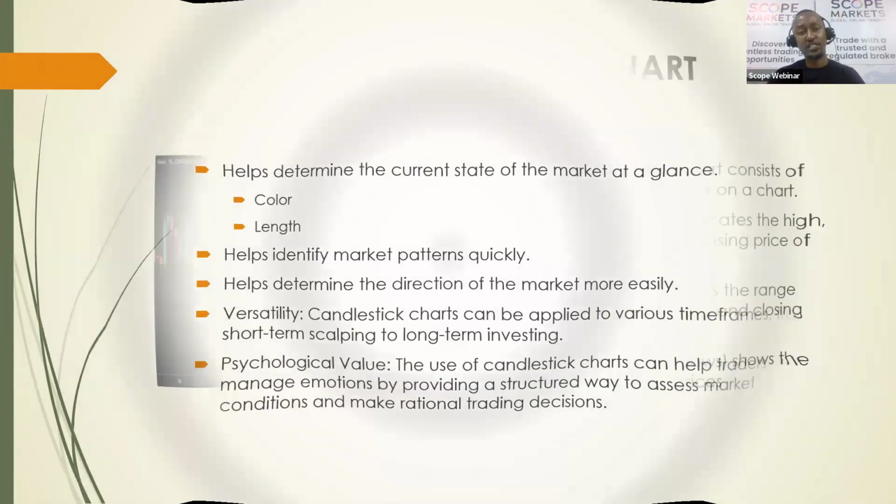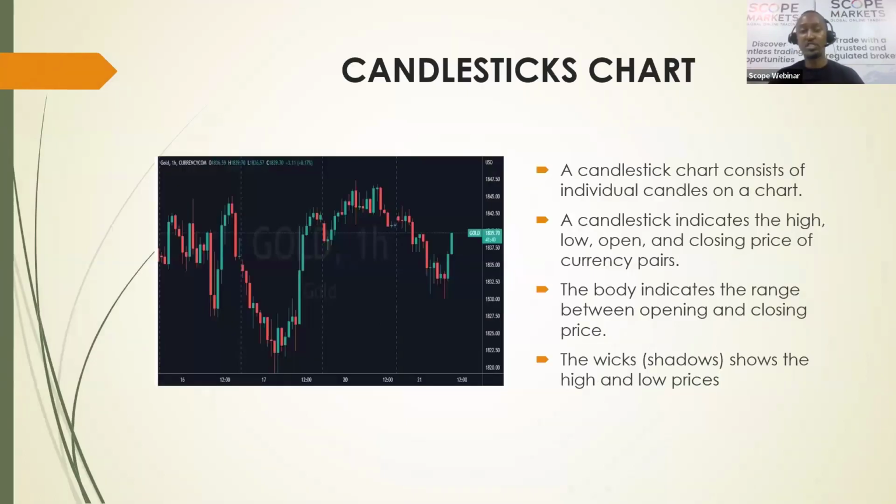So for you to understand the candlesticks chart, this is how it looks. The good thing about the color is that you can choose. Remember in the previous class, Monday's class, Forex Basics, Forex 101, we said that in Forex trading you can make money in two ways, either buying or selling.